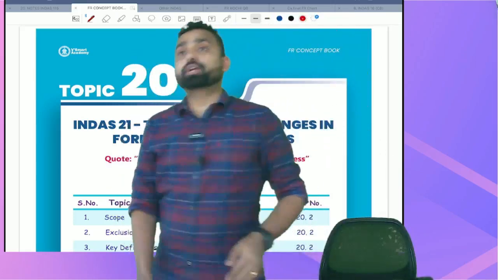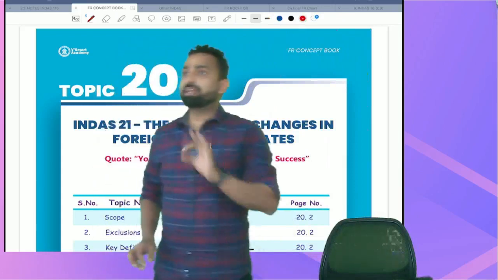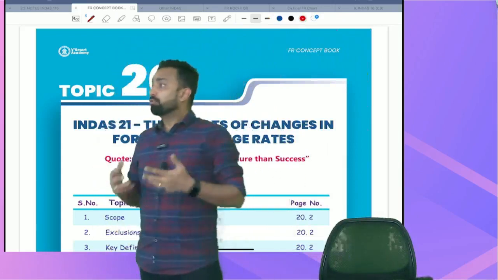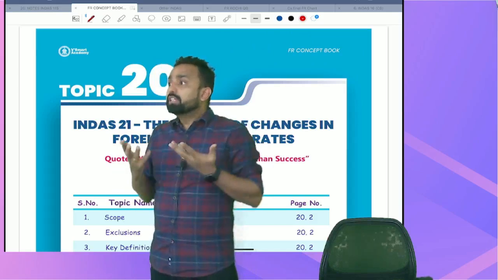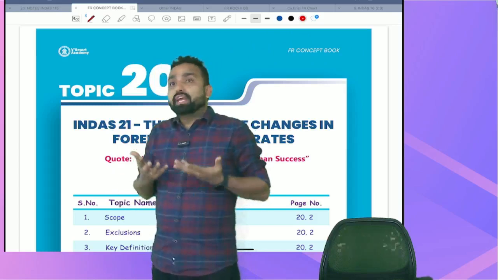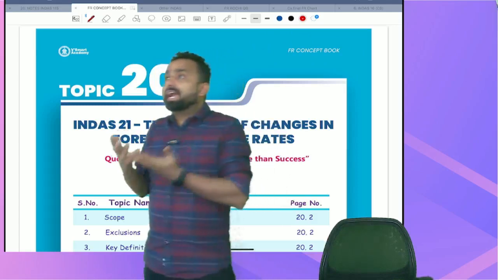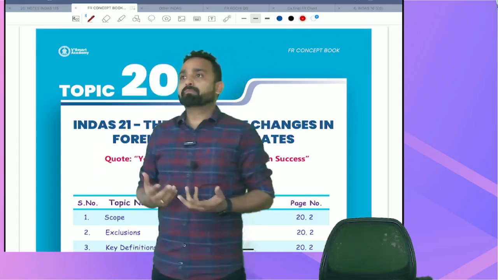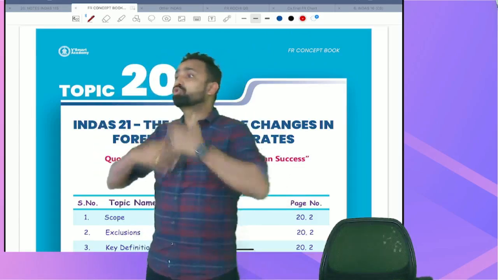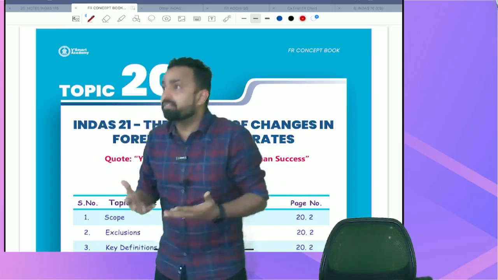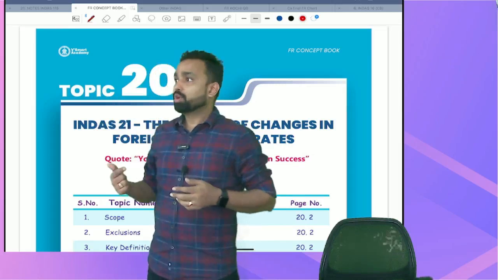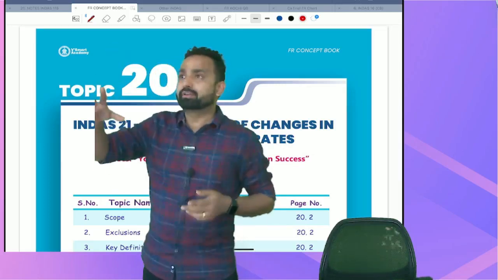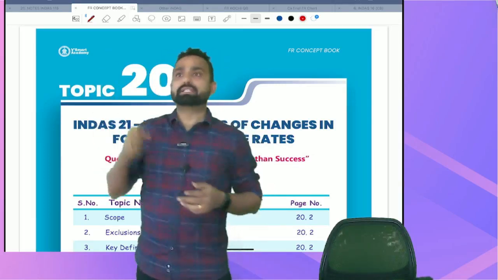What is most important is functional currency. The very, very important functional currency. Functional, the name itself suggests, is the currency in which the entity's business is functioning. The entity is doing its major activity, the operating activity, the financing activity, in which currency, or which currency is dominating the entity's entire business.